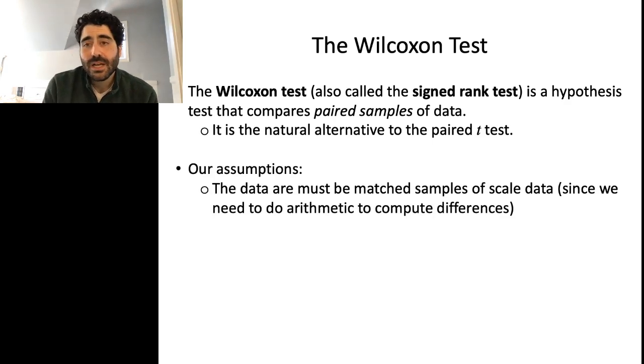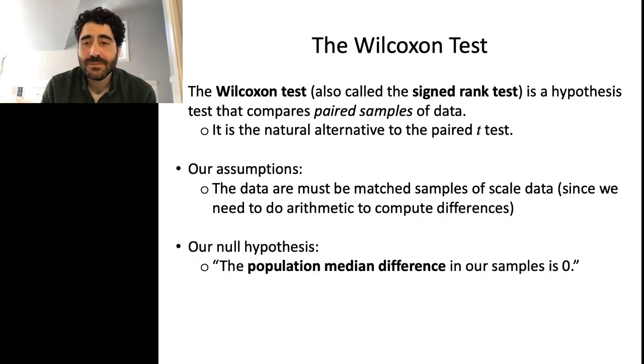And so our assumption here is that the data themselves need to be scale data, right? We're going to want to compute a difference within each person, and we can only do that if this is real scale data we can do arithmetic on. So the non-parametric part is coming in our null hypothesis here, which is that we're going to test whether the median of these within-person differences is 0 or not.